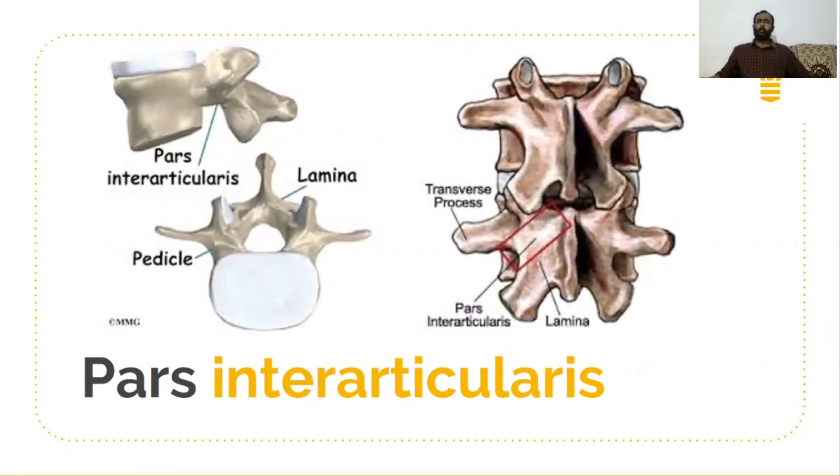For the understanding of spondylolisthesis or spondylolysis, you must know the pars interarticularis, and this pars interarticularis is the meeting point of the superior articular process and inferior articular process of one vertebra.